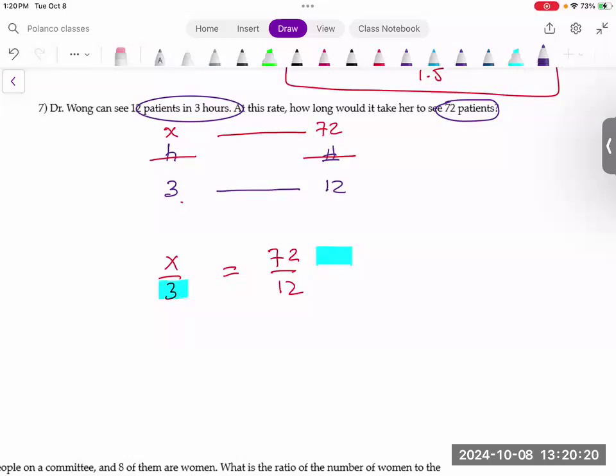So X is gonna be 72 divided by 12 times 3, plug it into the calculator, of course. And what did you get? 72 divided by 12, that's gonna be 6 times 3, 18.